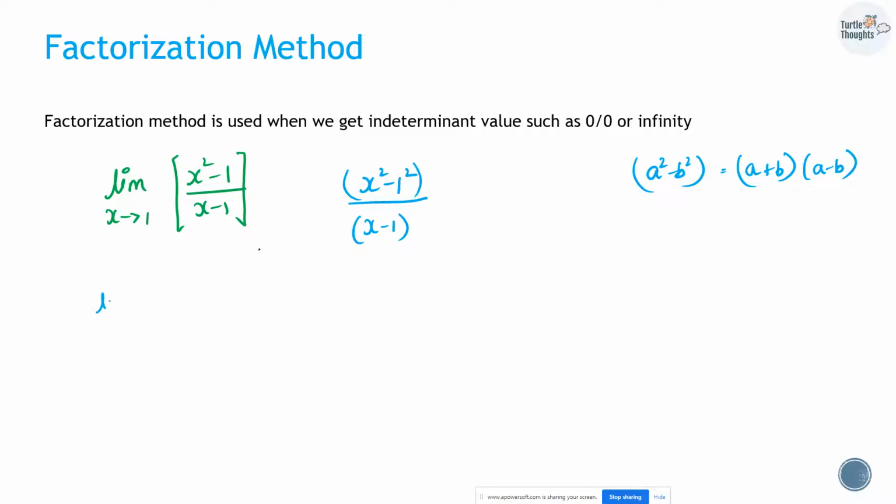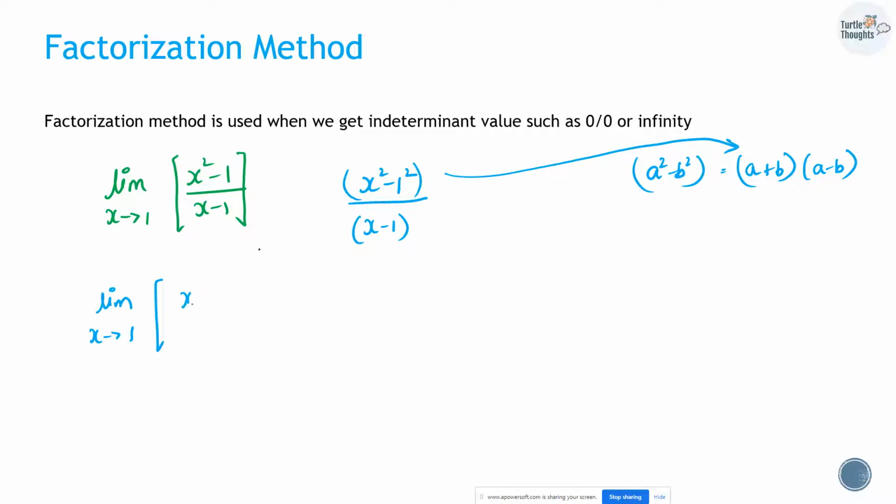I know that a square minus b square is a plus b multiplied by a minus b. So I can tell that the limit of the function as x tends to 1, let me keep it as it is. I am not applying the limit as of now. X square minus 1 over x minus 1 can be written as x square minus 1 square. Now x square minus 1 square can be written in the form of a plus b into a minus b.